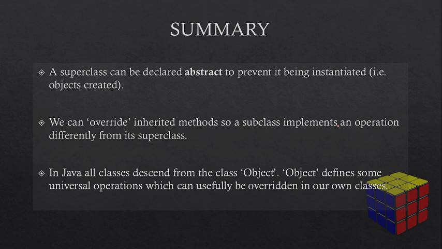Then we can override inherited methods so that a subclass implements an operation differently from its superclass. Yun ang method overriding. So in Java, all classes descend from the class object. Object defines some universal operations which can usefully be overridden in your own classes, or you can use it in your own way.